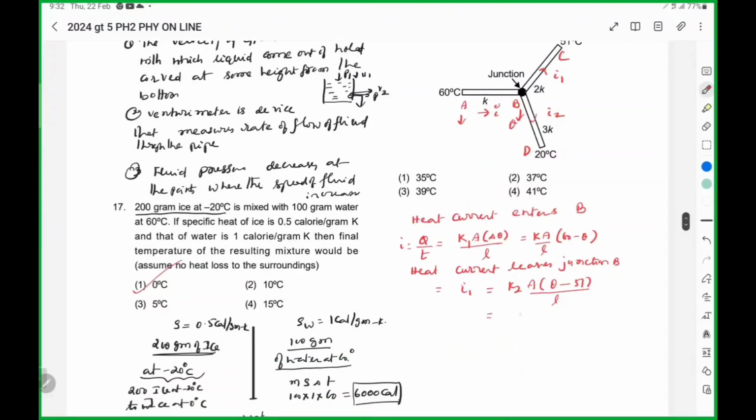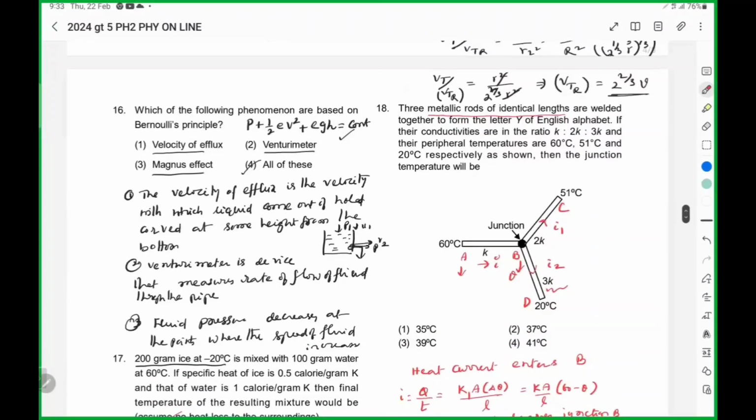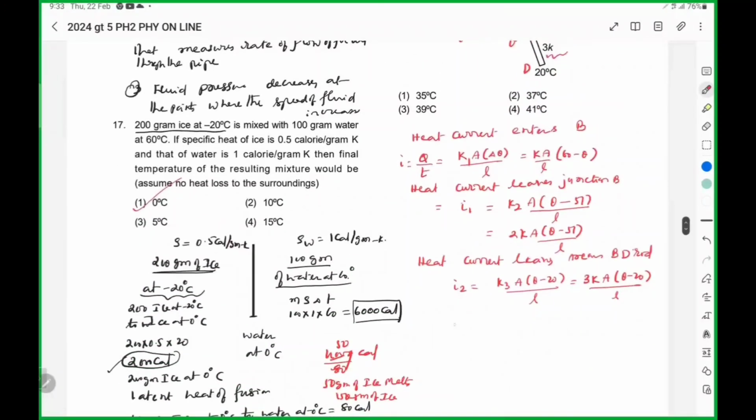But K2 here is 2K, theta minus 51 by L. The heat current that leaves across the BD rod is I2, which is K3 into A, theta minus 20 by L. And this constant is 3Ka into theta minus 20 by L. So different coefficients of thermal conductivity.